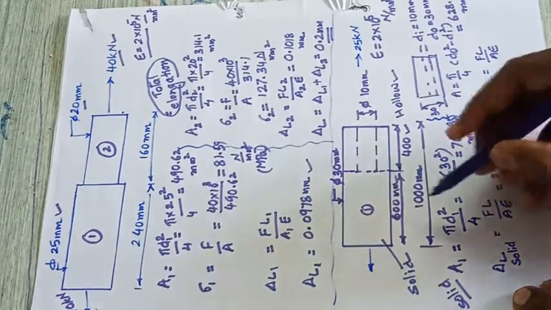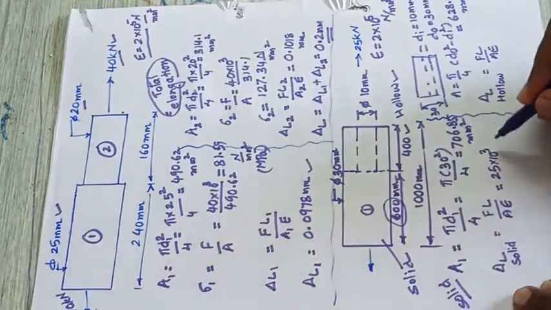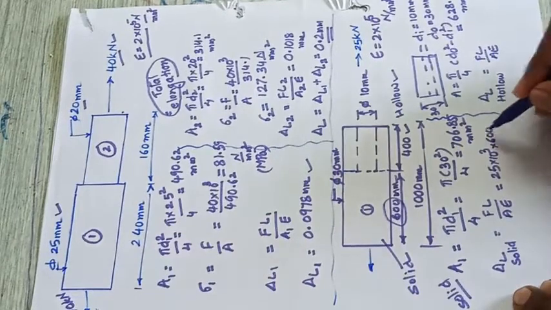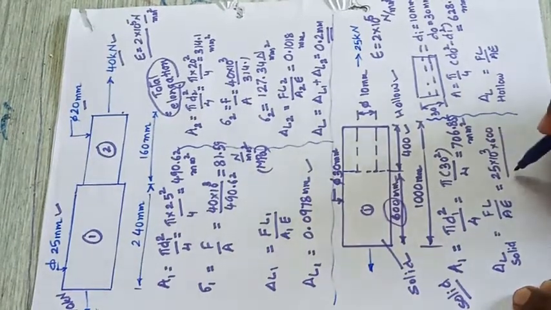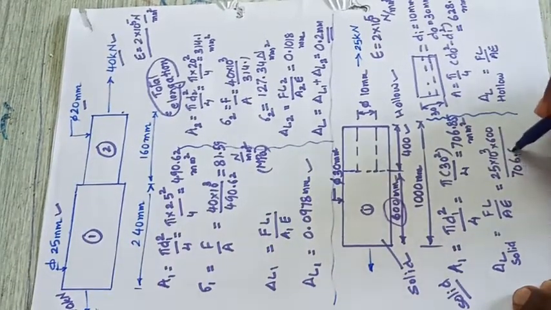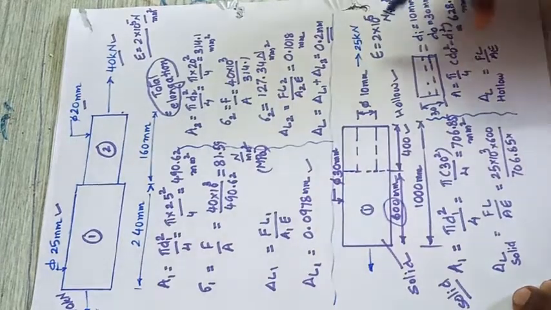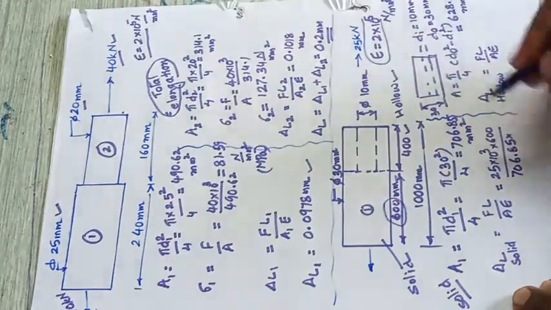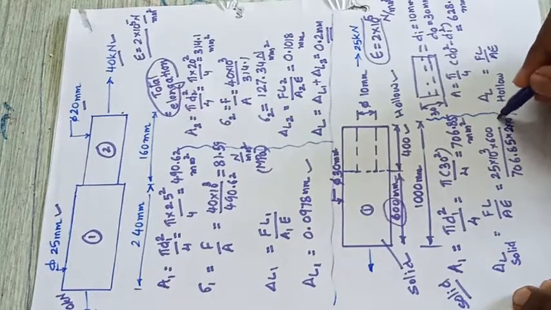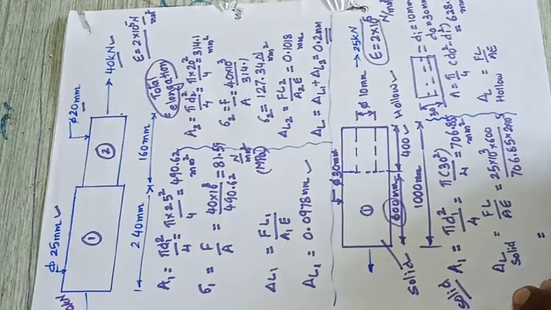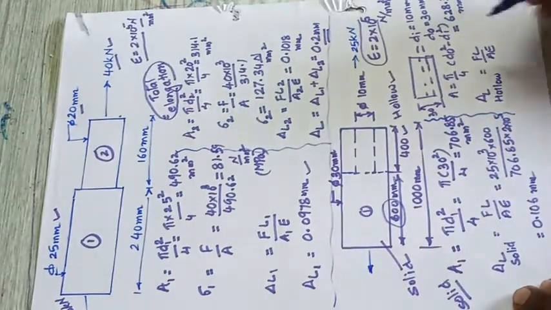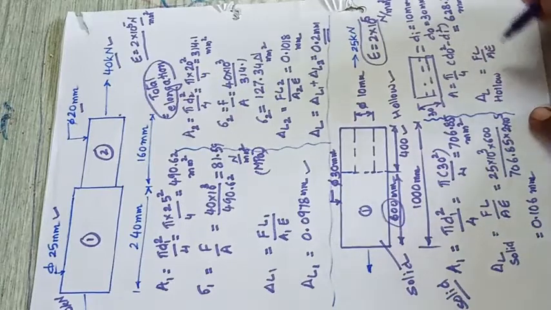The length of the solid is 600, divided by area 706.8. The Young's modulus is 2 into 10 raised to 5. So the answer is 0.106 mm.